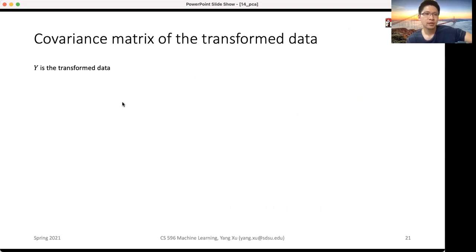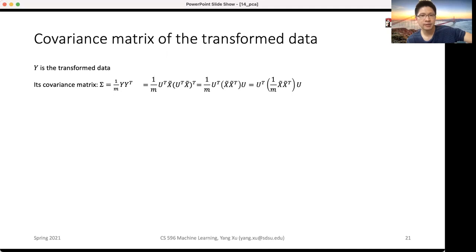If y is the transformed data, or the projected data resulting from the previous step, a significant characteristic of it is that if we look at its covariance matrix, which is defined by y times y transpose, but since y is the result of U transpose times x, we can substitute the computation of y into this equation, which gives us this equation, which means we put x into the middle, right?